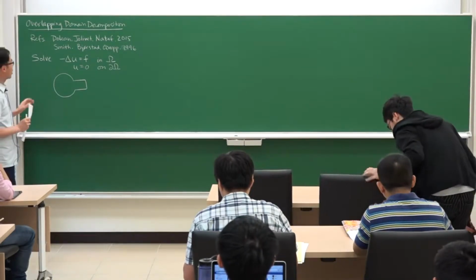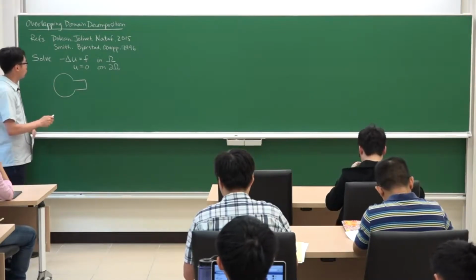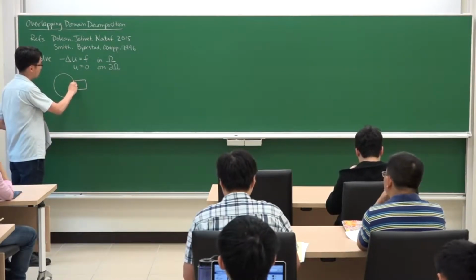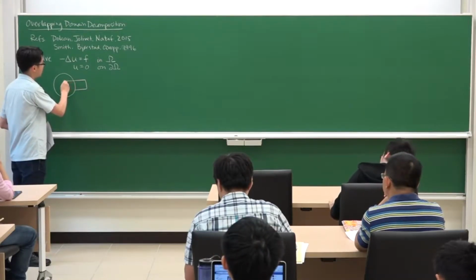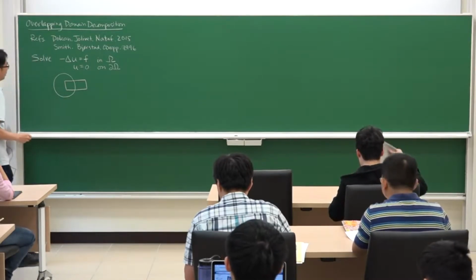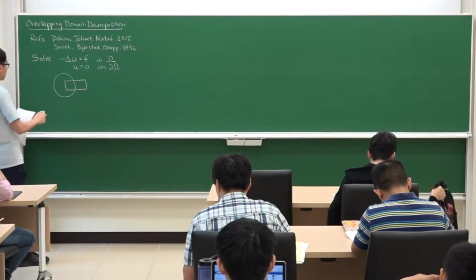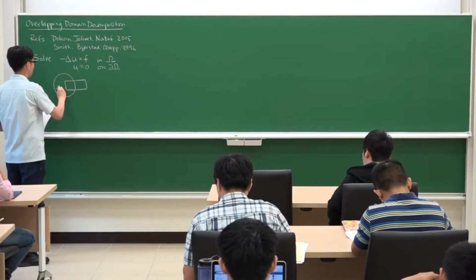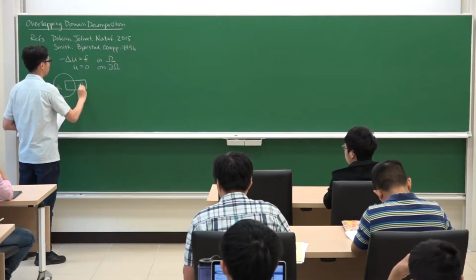So in our context, we're going to divide this domain into two parts, two overlapping parts. One part is this circle, and the other part is this rectangle. Okay? So let me call this circle omega 1 and this rectangle omega 2.